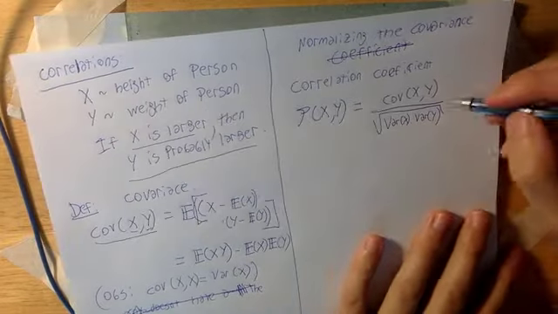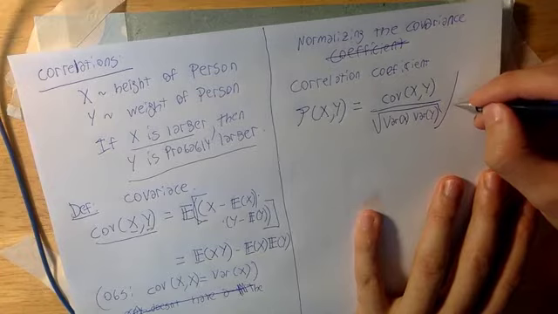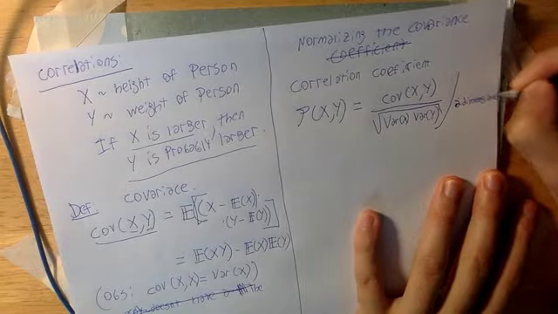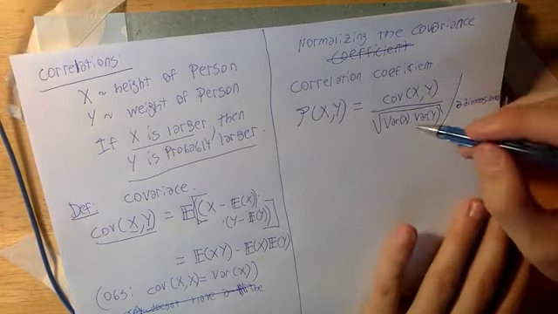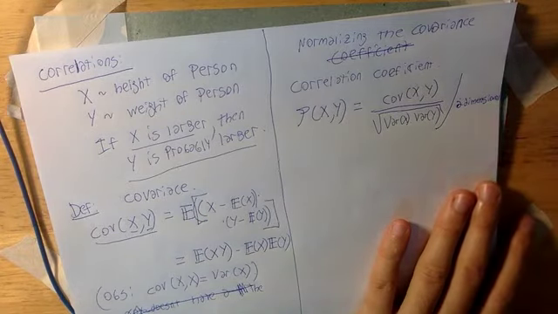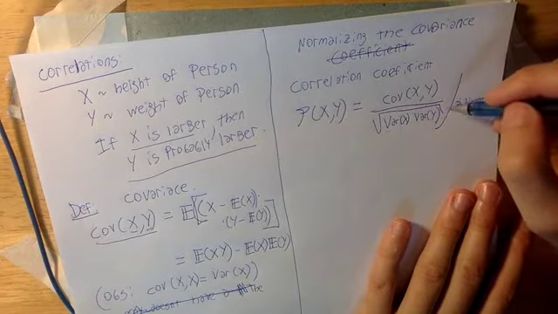Okay, and this is dimensionless. So it's a coefficient and has no units. Dividing by the variances of x and y actually removes the units.